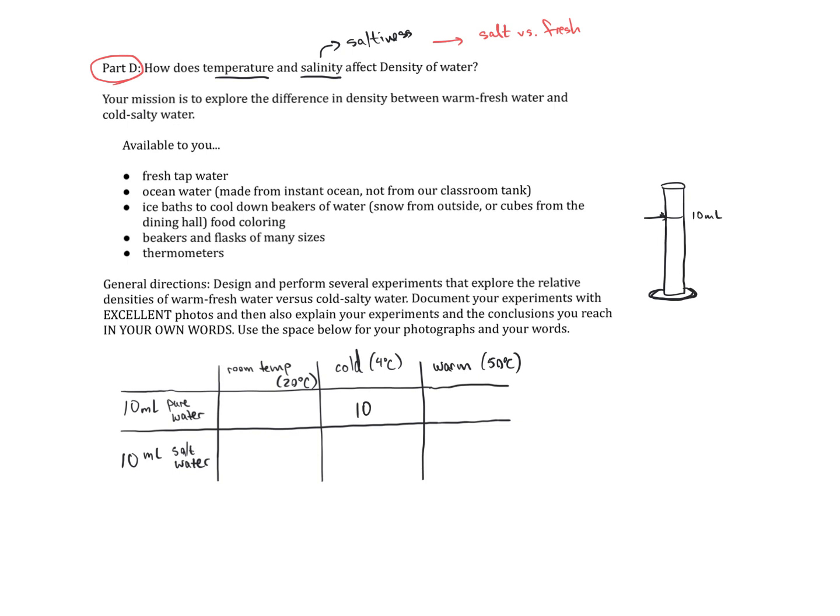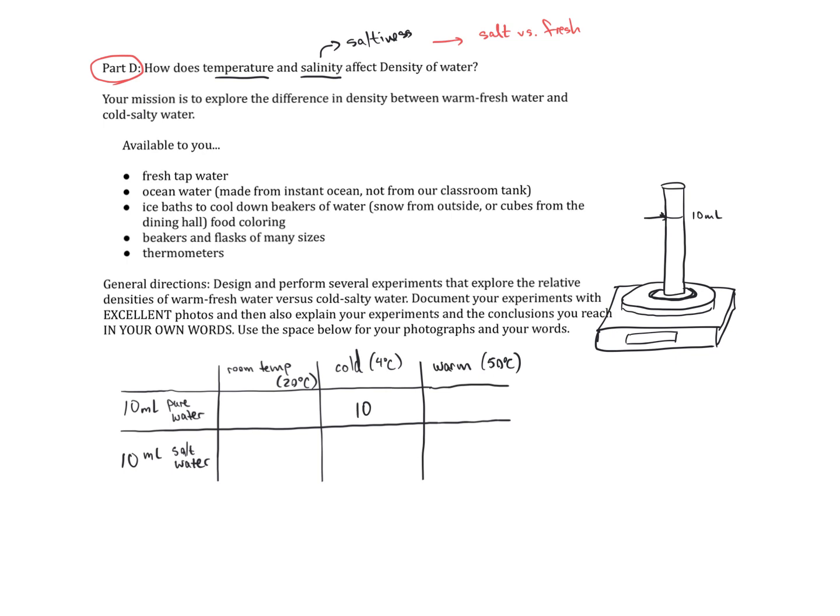Then once you've added your 10 milliliters of water, or whatever water you're using, each one's different: salt water, pure water, warm water, cold water. Put it on a balance and see what it weighs.